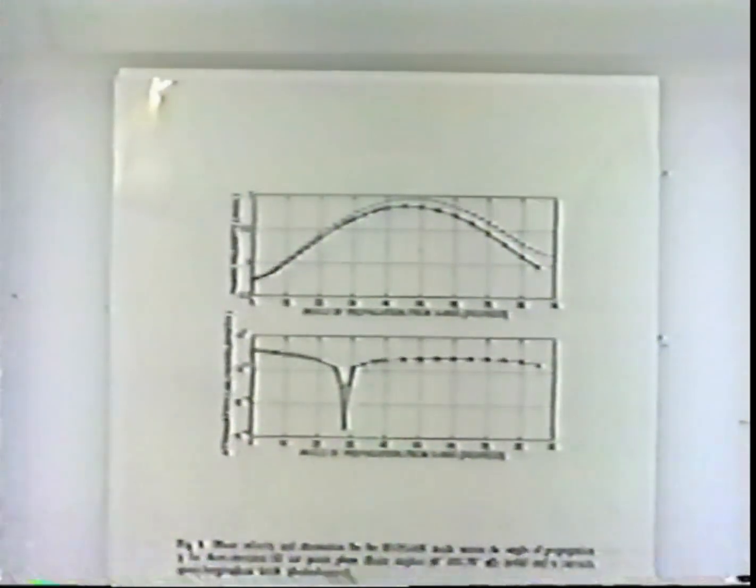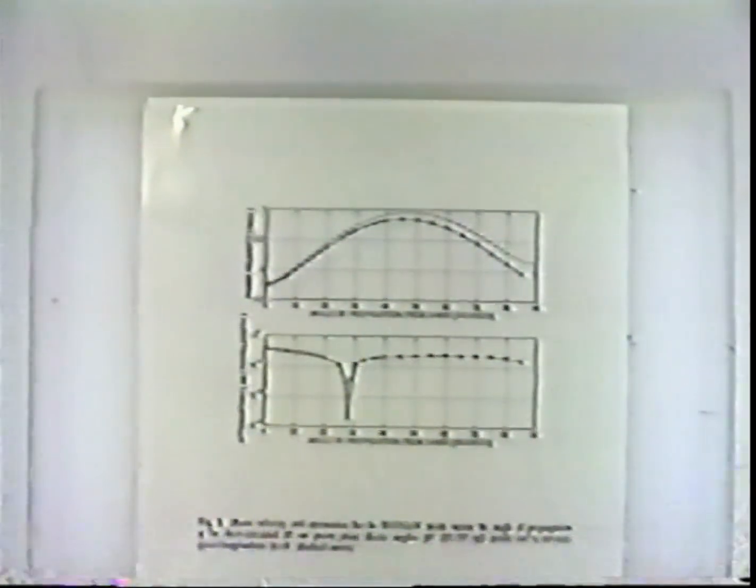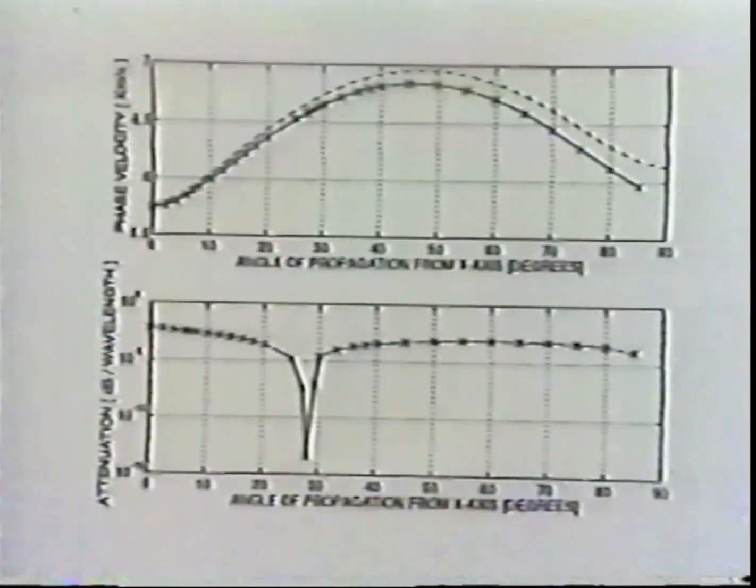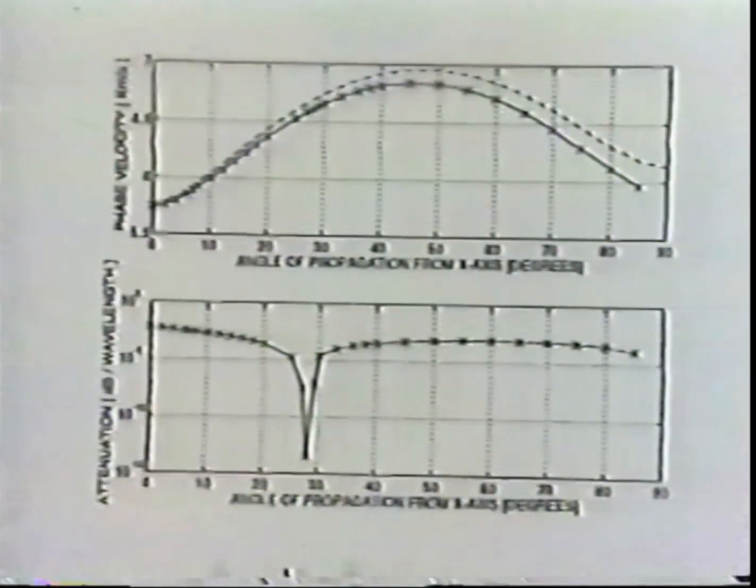And this is the high velocity pseudo-SAW solution. And you can see what I was talking about when I said there's a very large minimum in the dB per wavelength attenuation in the neighborhood of some critical angle.